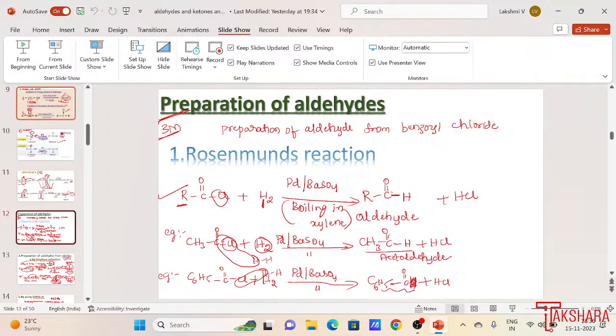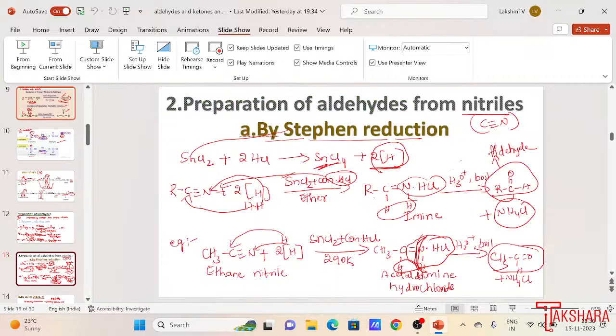Then preparation of aldehydes, we have that very important part of the exam which comes under the board exam, that is Rosenmund's reaction for 3 marks. Then next we have preparation of aldehydes from nitriles by Stephen reduction.